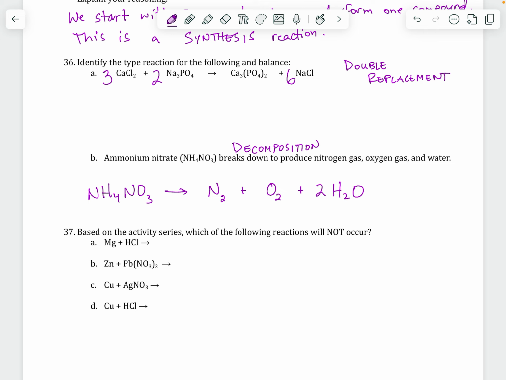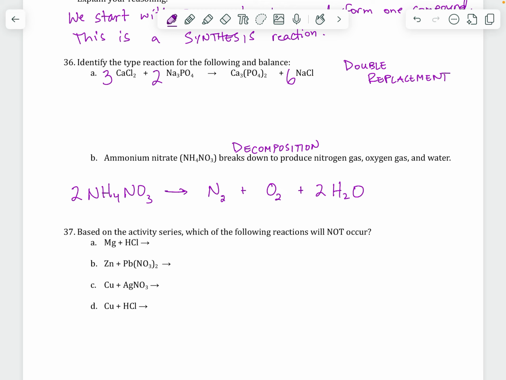And that also gives me 4 oxygen on that right side, that product side, which I don't have on the left side. Now, the smallest number that I could change on this side would be by putting a 2 out in front here, which would give me 6 oxygen here.